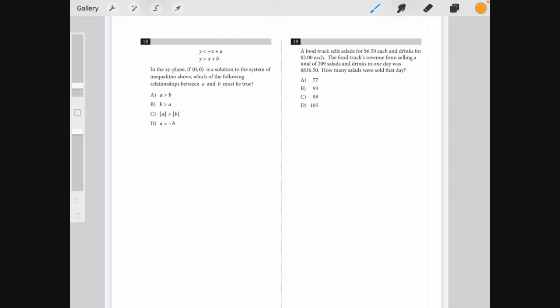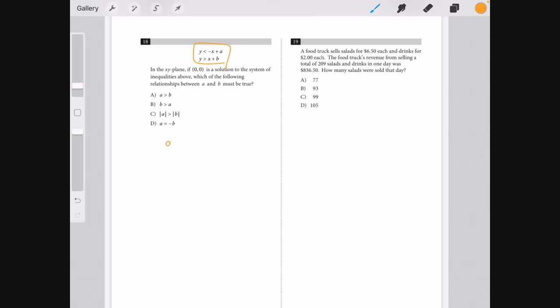In the xy-plane, if (0, 0) is a solution to the system of inequalities above, which of the following relationships between a and b must be true? All right, so (0, 0) is a solution. So if I plug in 0 and 0, both of these inequalities should be true.